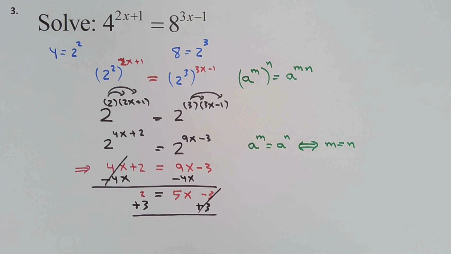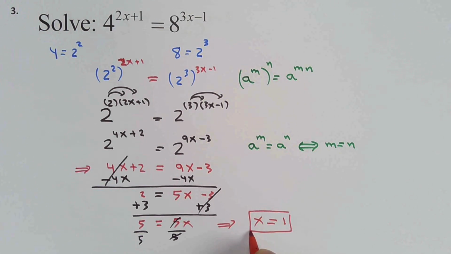This cancels, and that is the plan, to leave x by itself. 5x equals 5, divide by 5, divide by 5, and finally x equals 1. That should do it. Next problem.